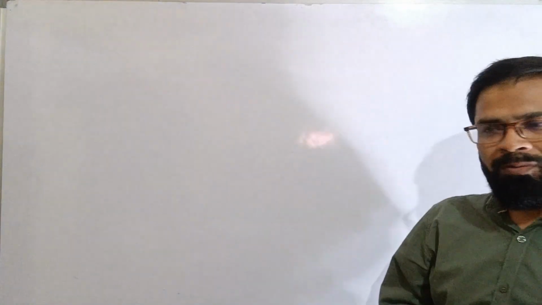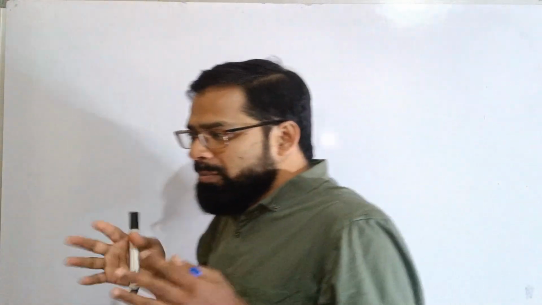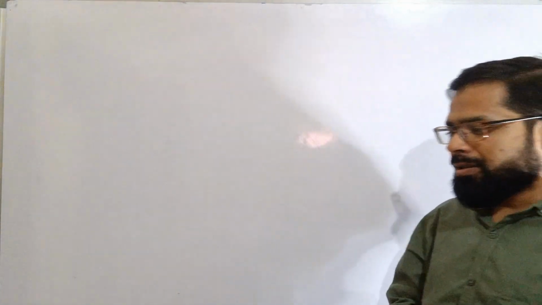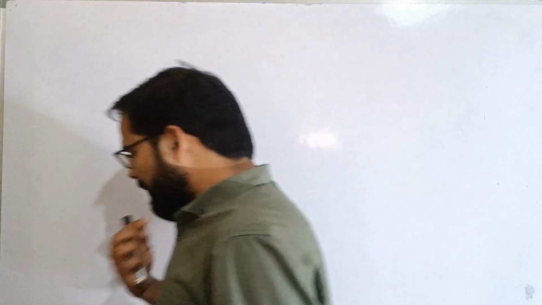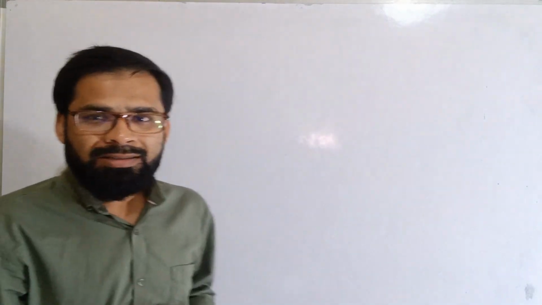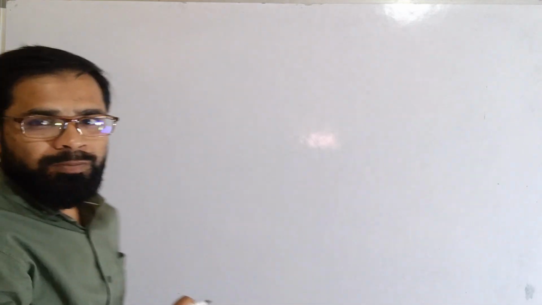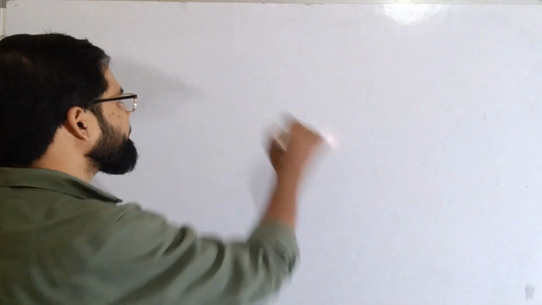So, a functional group is a group of atoms within a molecule that determines its chemical properties and reactivity. In today's class, we are going to discuss the first functional group, that is alcohol.